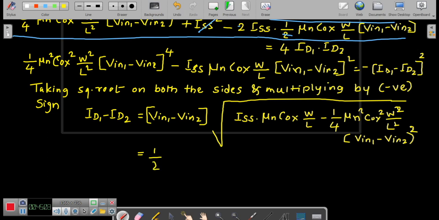half mu n COX into W by L, half mu n COX into W by L into V in 1 minus V in 2.